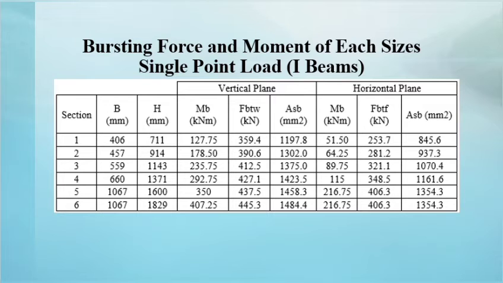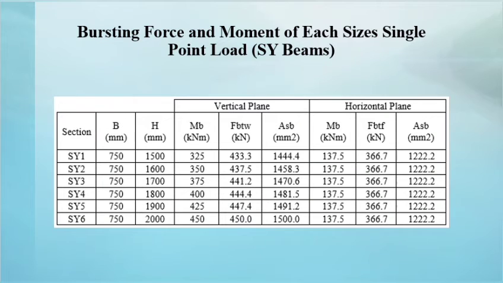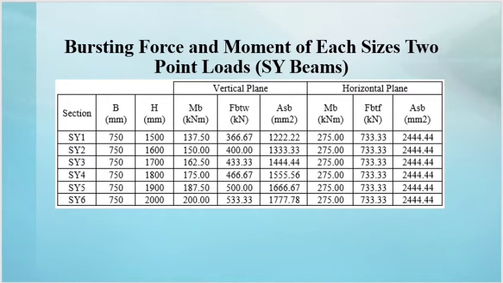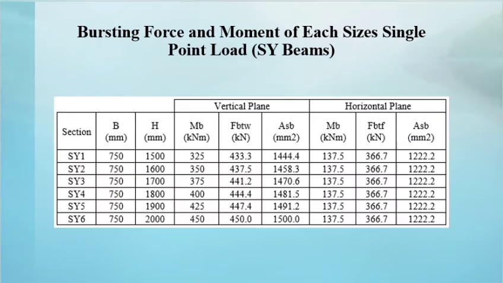Okay, this is the single point load for SY beam and I beam. The forces of two symmetrical point loads, SY beam and I beam. If you notice, for the single cases, SY beam and I beam, the forces tend to split in the vertical plane.